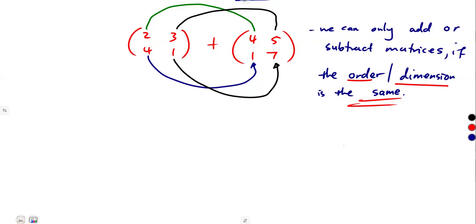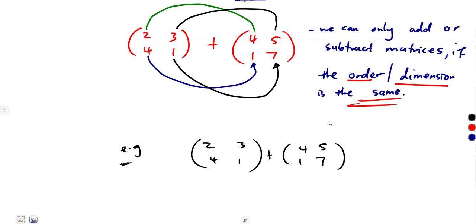All right, so let us quickly consider that in terms of calculations. Let us just use the one that we were given, 2, 3, 4, 1. We add 4, 5, 1, 7. So how do we add? We saw that the order is the same.